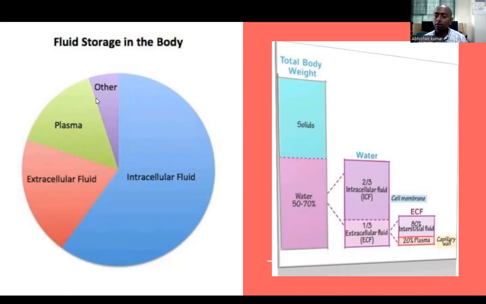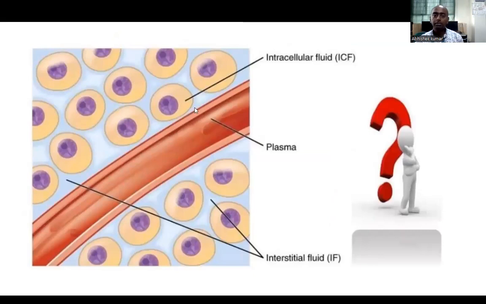Extracellular fluid is also separated into interstitial fluid and plasma. Here we can see the cell membrane having a fluid called intracellular fluid, the capillaries having plasma, and the fluid outside the cell membrane called interstitial fluid.